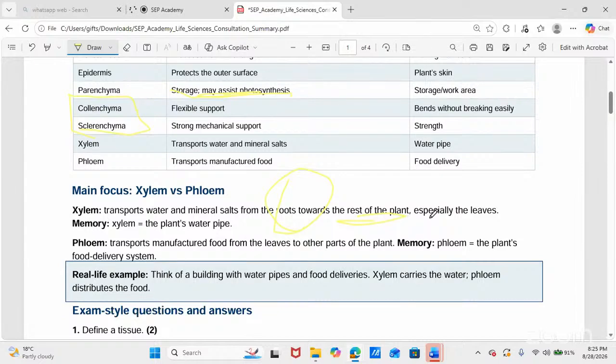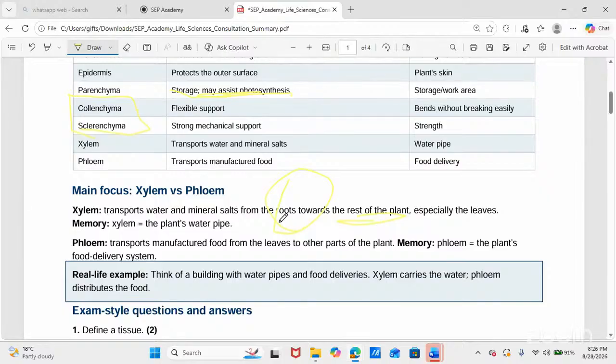You see. So that's where the what? The xylem comes in handy. It moves the water and the mineral salts from the roots down there where we initially pour the water, right? Where the water gets inside the soil and towards the roots, and then it moves up towards the what? The rest of the plant and the leaves.